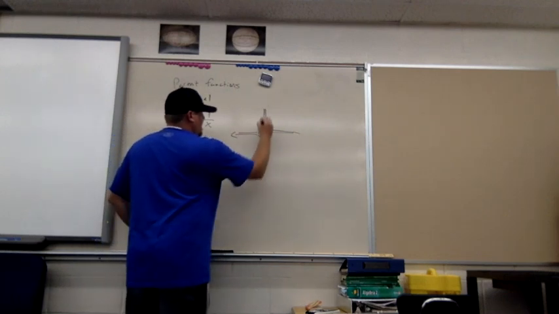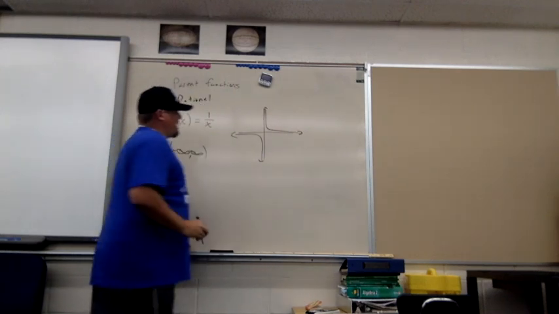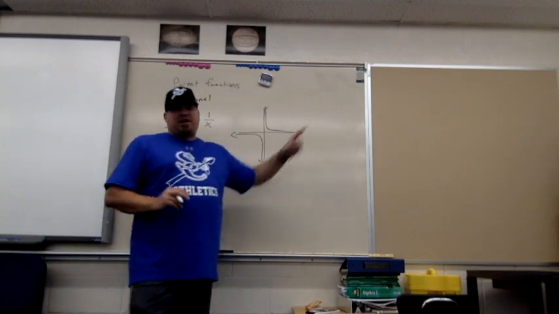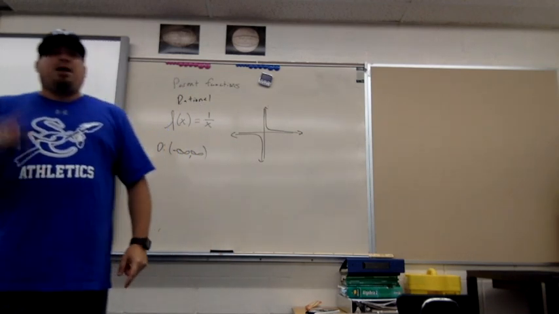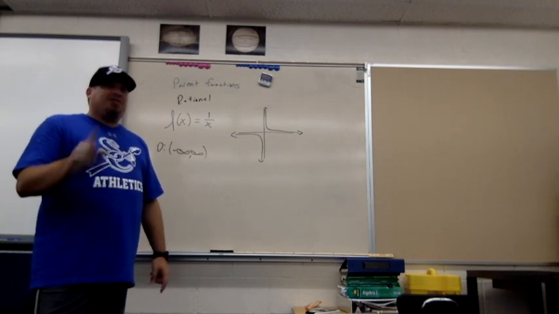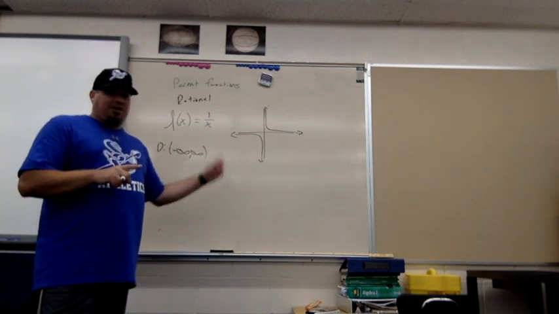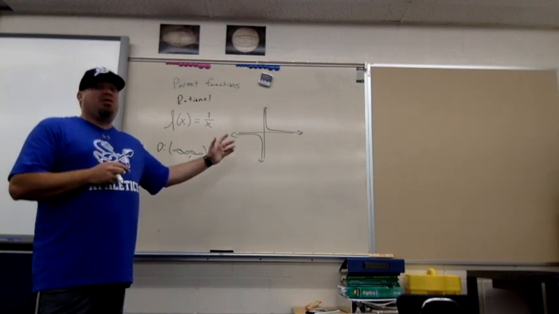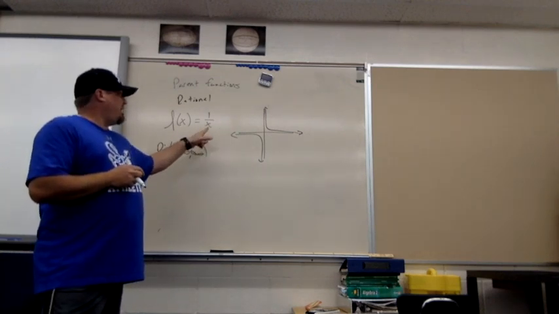Our arrows go this way, and our arrows go that way. So our smallest x would be negative infinity, and our largest x is also going to be infinity. However, there is a slight difference in this domain and range. Because as I talked about earlier, what values cannot be included in the x?